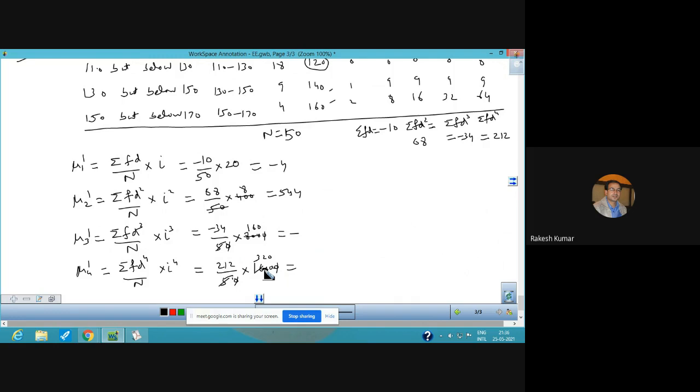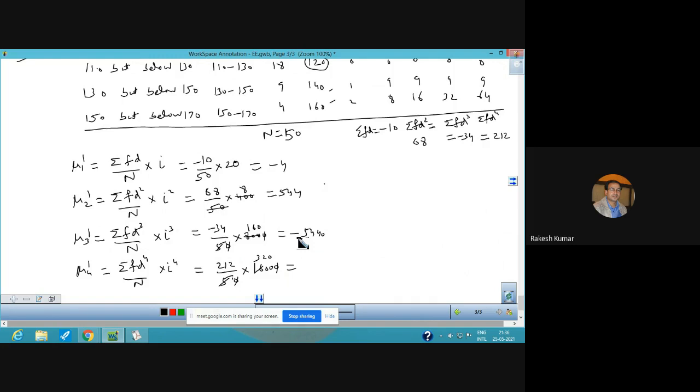Now you can easily calculate the values of these, and the values will be calculated as, now you just see, 160 into 34 comes out to be negative 5440.